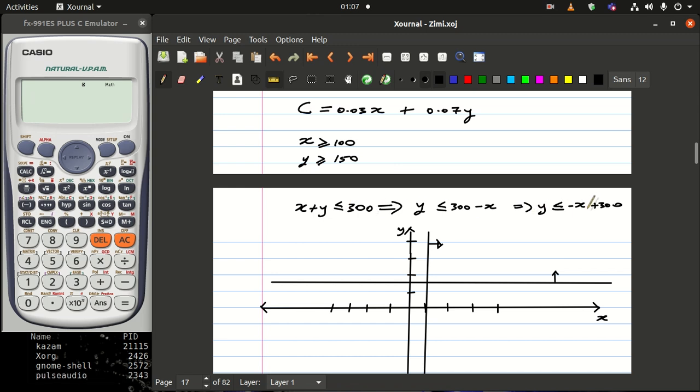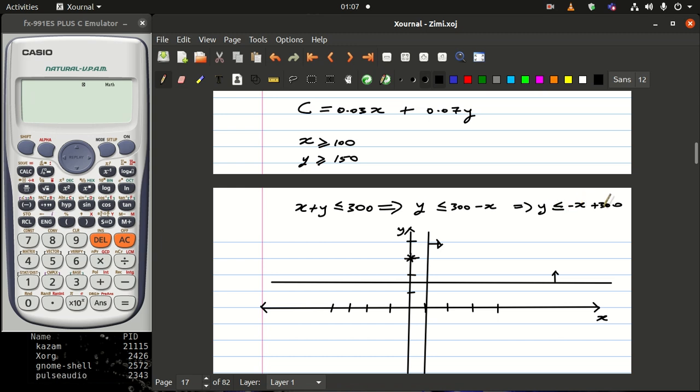And then when I'm adding X and Y, I have Y equal to that. So if X is equal to 0, I have to go to 300, somewhere there: 1, 2, 3. In this equation, if X is equal to 0, we'll have that.